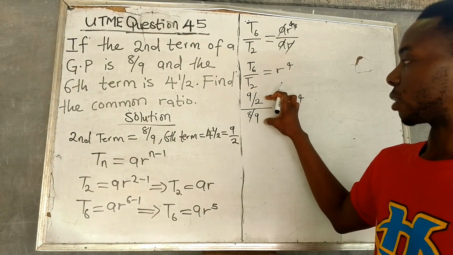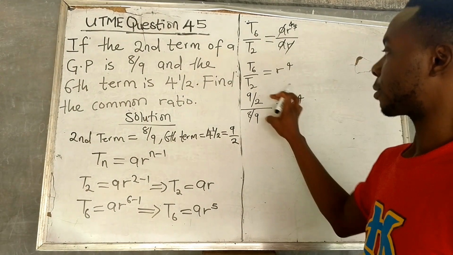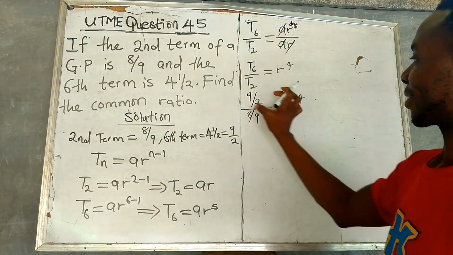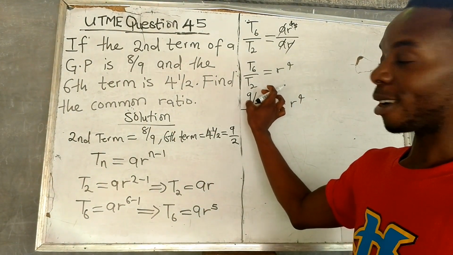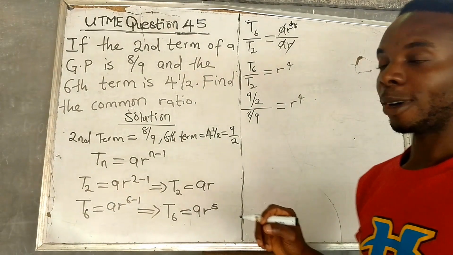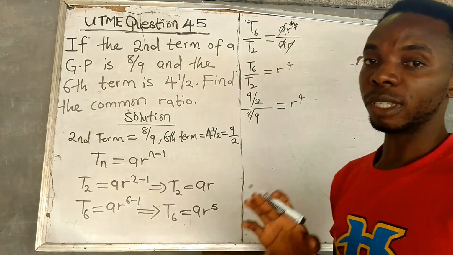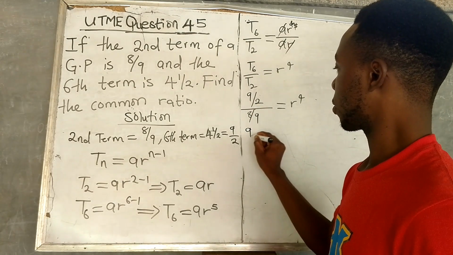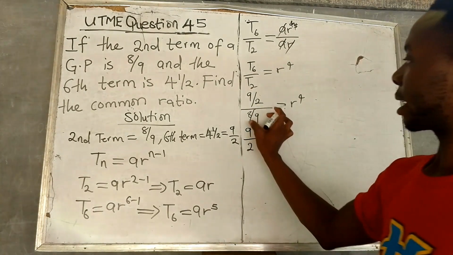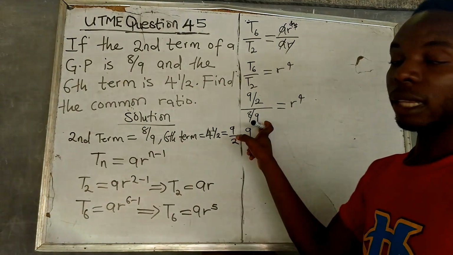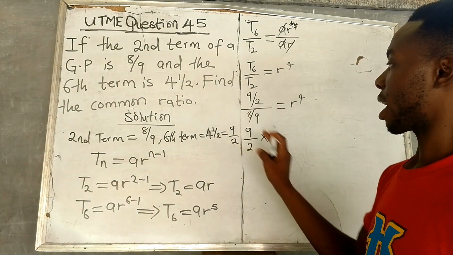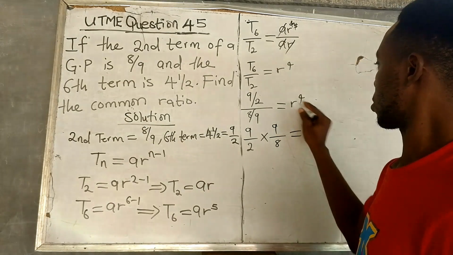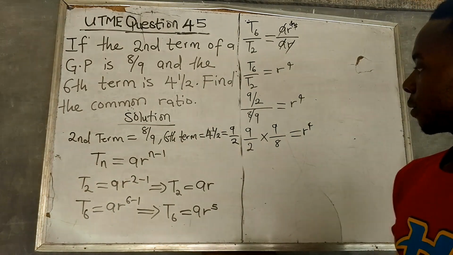Now, remember this kind of fraction. I normally call it a fraction in a fraction. It's a fraction inside a fraction. So we have the numerator of this fraction and then the denominator of this fraction. Now, to make it a singular fraction, you take the first one, 9 over 2, multiplied by the reciprocal of the second one, so 8 over 9 becomes 9 over 8, which is equal to r raised to power 4.